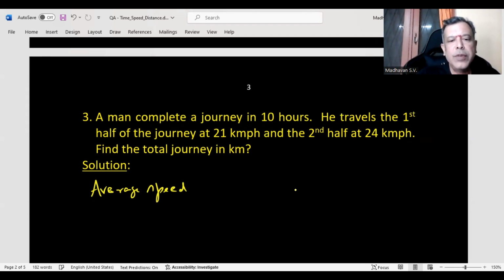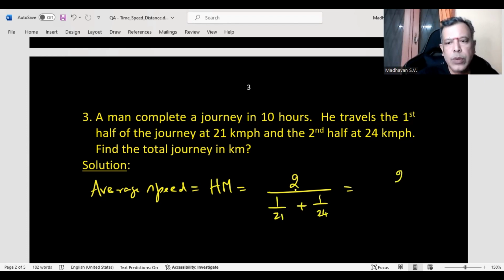For calculating average, we will be using harmonic mean. So that will be, since there are two values, we'll say 2 divided by first value's inverse, which is 1 by 21, second value's inverse, which is 1 by 24. So that we will get 2 divided by, this will be 21 into 24. So here we will have 24, here we will have 21.